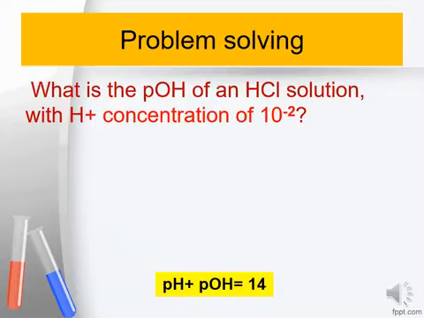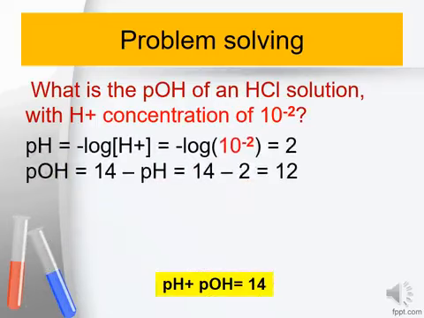What about the pOH? I know in an equation that pH plus pOH equals 14. Then when I get the pH, which is 2, pOH equals 14 minus 2, and the answer will be 12. Again, hydrochloric acid is an acid and it has hydrogen ion concentration, but pOH represents hydroxyl.